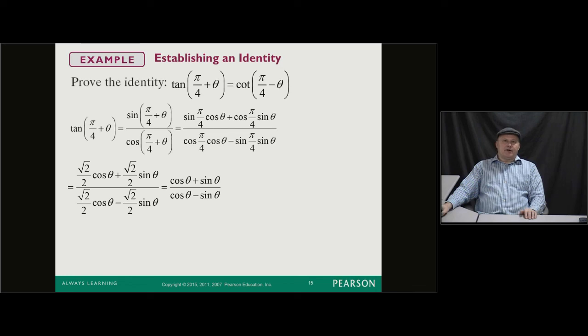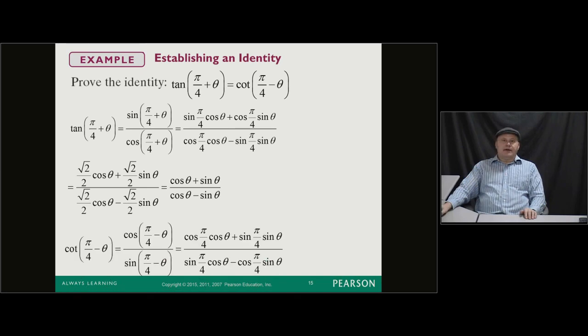The cosine of pi over 4 is also root 2 over 2. So put all those in. Take the square root of 2 over 2 out. And it leaves you with cosine of theta plus the sine of theta, over cosine of theta minus the sine of theta. No, you can't cancel any of those out. That's all you can do.